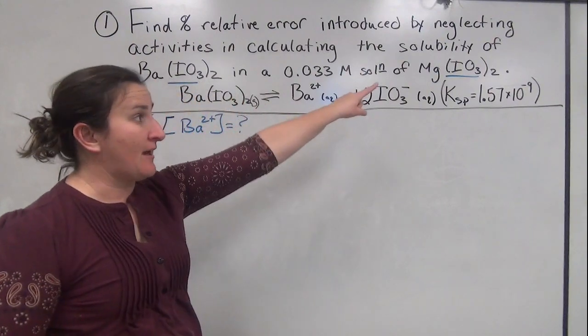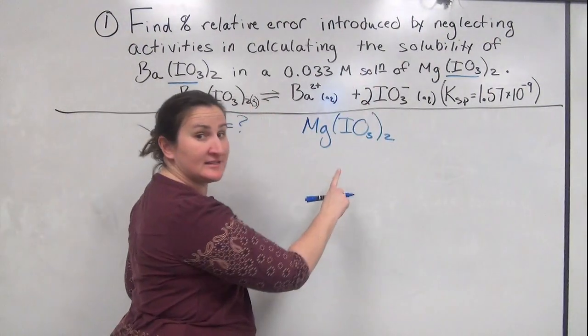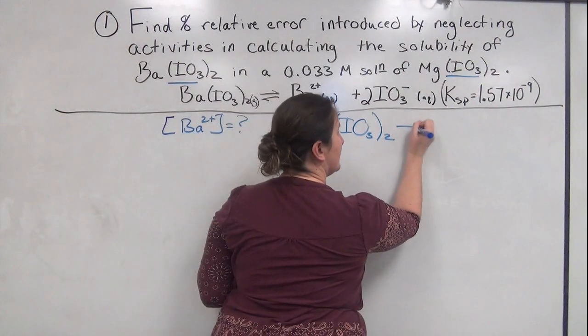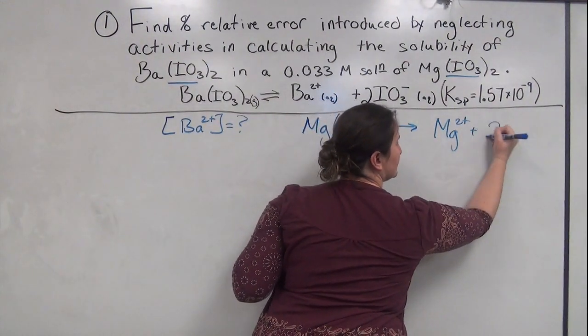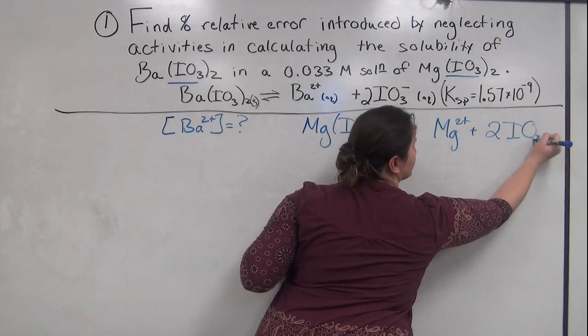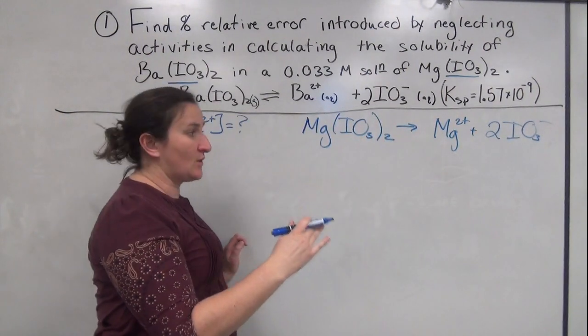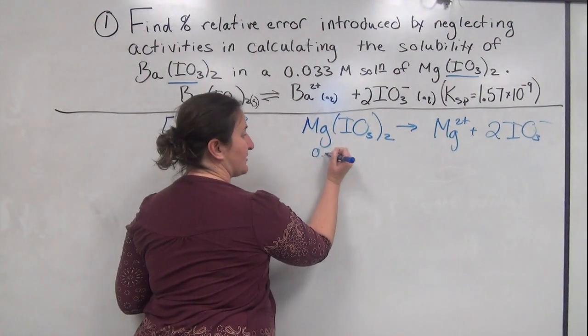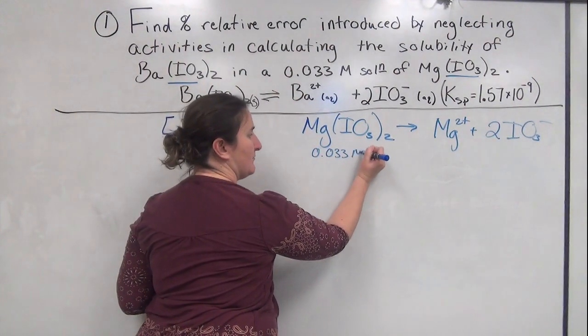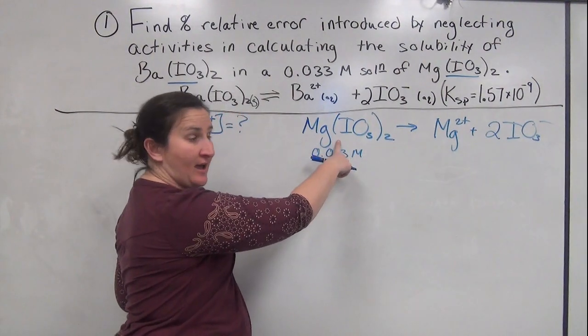So let's first look at magnesium iodate. Magnesium iodate is going to decompose into our magnesium 2+ ions and 2 iodate ions. So if I first ask the question, what is my concentration of iodate if I started out with 0.033 molar of my magnesium iodate?